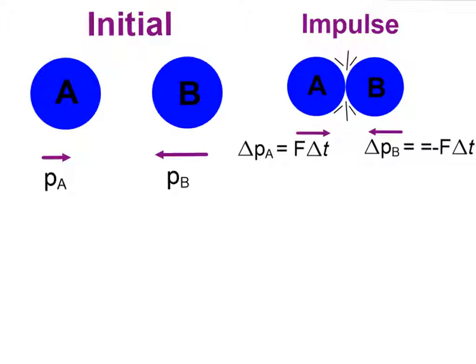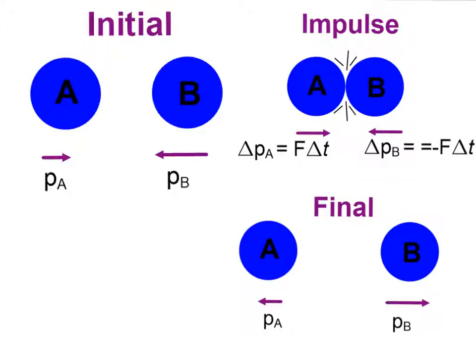We're going to have some change in momentum here for ball A and some change in momentum for ball B. Of course, it will be equal in force and time duration, and opposite in direction from the momentum of A. That leaves us with our final step, where we have both objects returning to their original shapes and moving separately after the collision, with a momentum for A and a separate momentum for B.